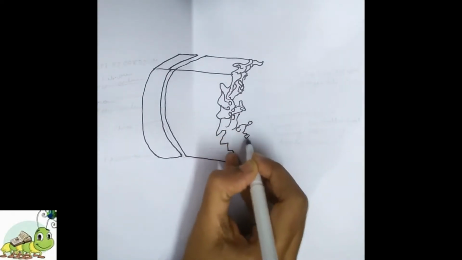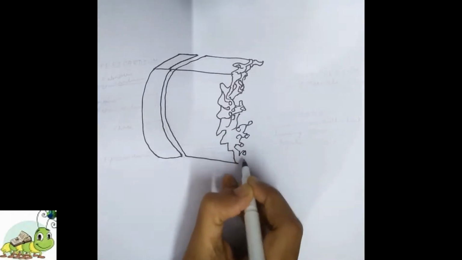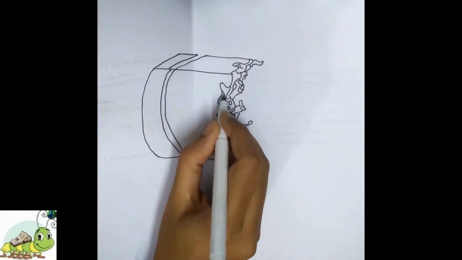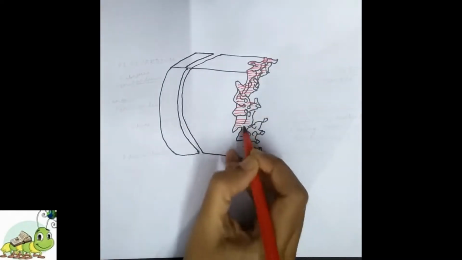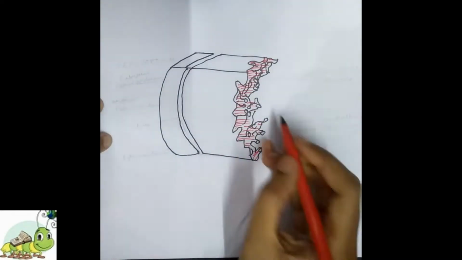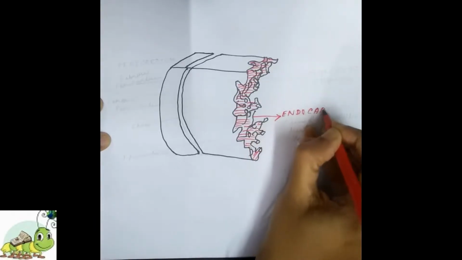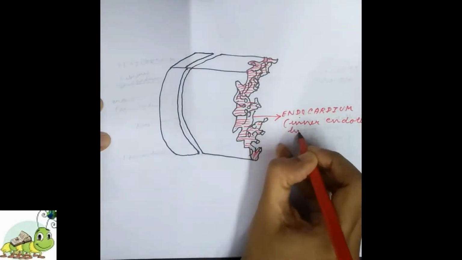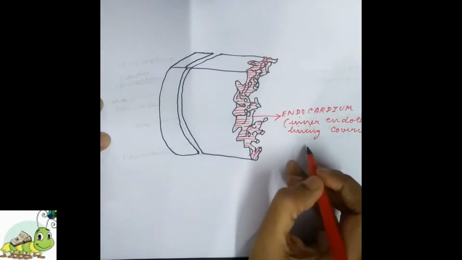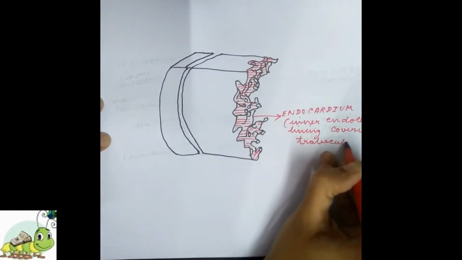It is similar in its composition to the endothelium, which lines the inside of blood vessels. In addition to lining the inside of the heart, the endocardium also regulates contractions and aids cardiac embryological development.